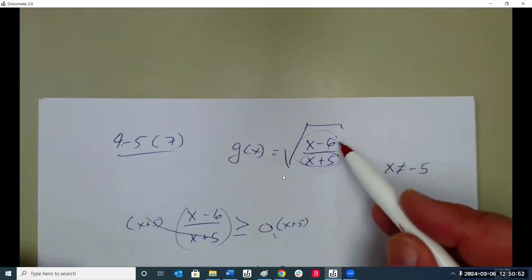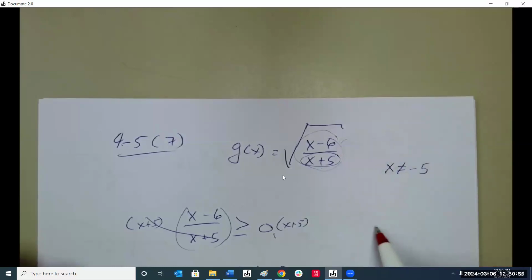Well, it equals 0 when x is 6, no, -6, so it goes -6 to infinity.